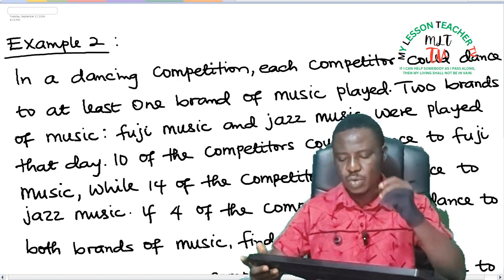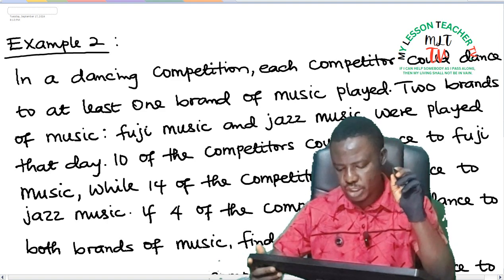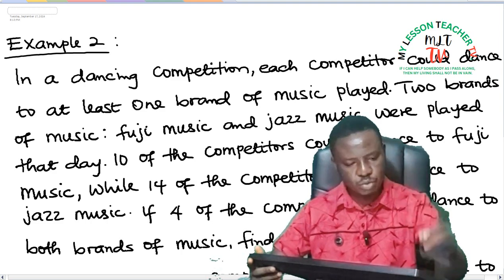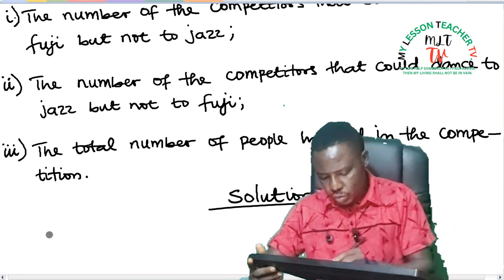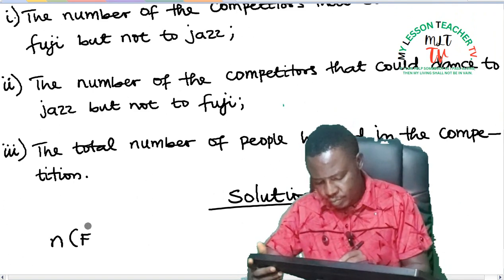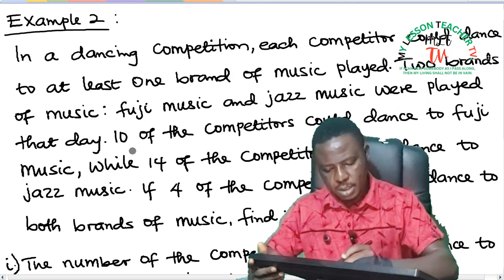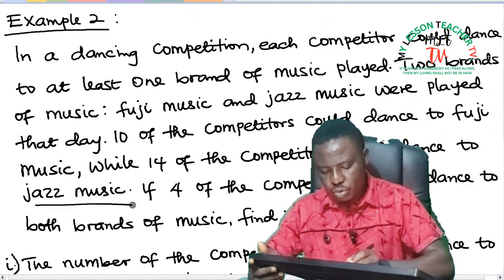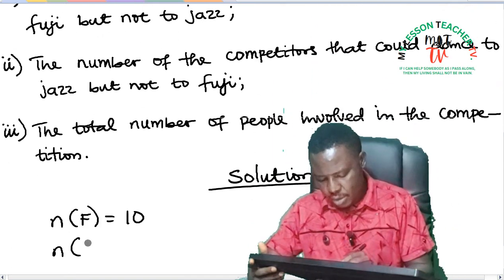So we are going to represent Fuji by F and jazz by J. Now, 10 of the competitors could dance to Fuji music, so n of Fuji is given to be 10, while 14 of the competitors could dance to jazz music. So n of jazz is said to be 14, n of J is 14.